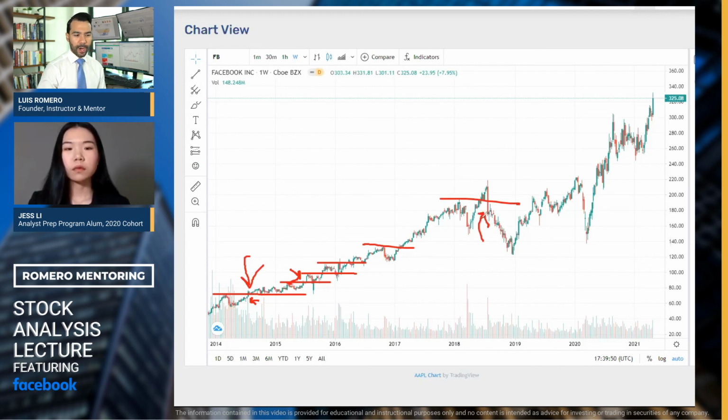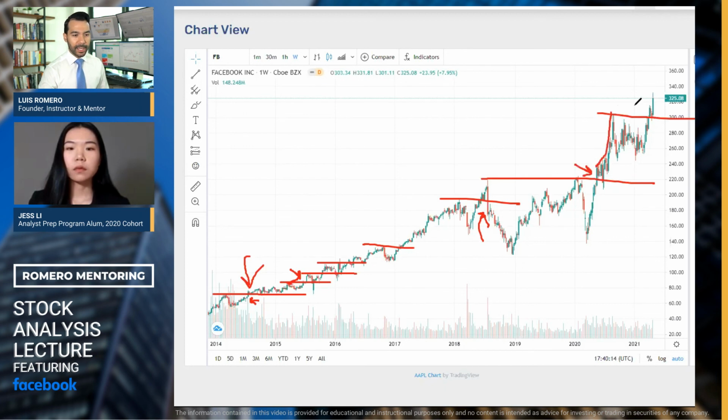So the stock came down. This is why Jess had a stop loss in her price target, in the event things go south, in the event your thesis doesn't work. Remember, we are in the probability business. But look here, when it broke this area right here, it moved higher.